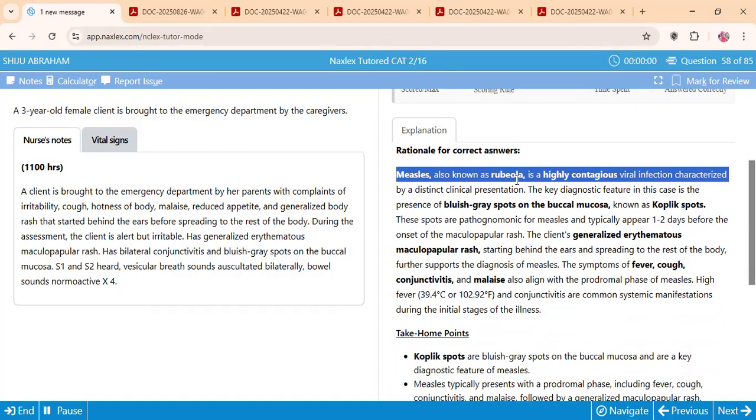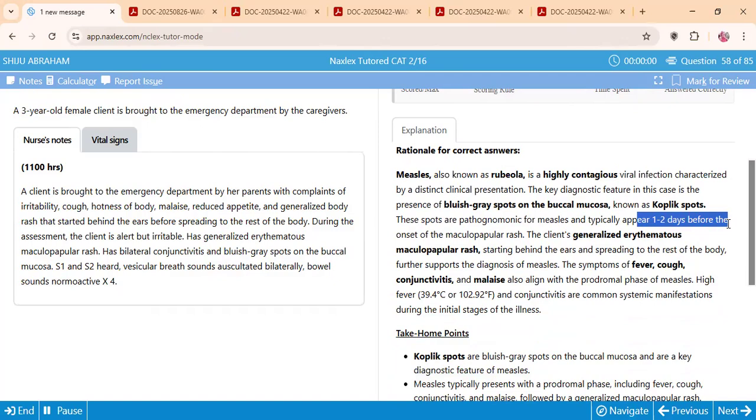It is a highly contagious viral infection characterized by bluish gray spots on the buccal mucosa, the Koplik spots, which appear 1 to 3 days before the onset of the maculopapular, erythematous rash. The rash starts behind the ear and spreads to the rest of the body.